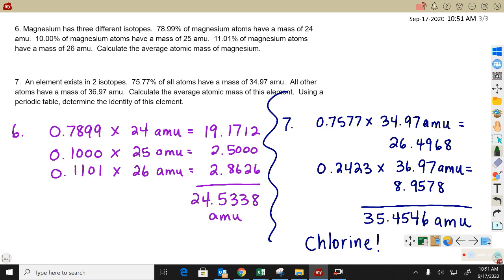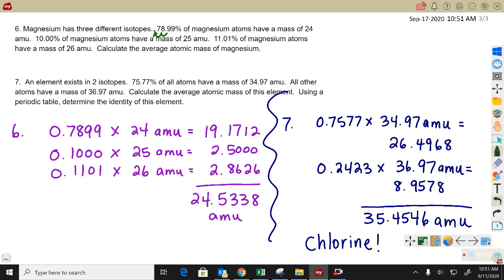You have to use that percentage as a decimal, so make sure you move the decimal spot 2 places. So I'm going to make that 0.7899, and then I multiply by 24. And that 18.9576, that's just a mass fraction. It's a fraction of the mass that comes from that particular isotope.